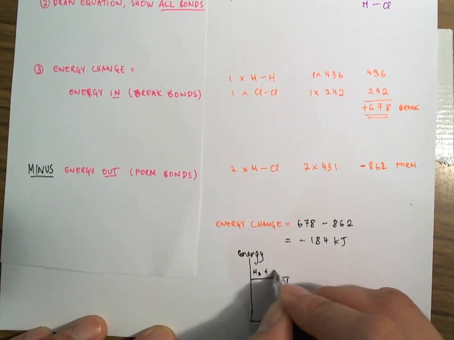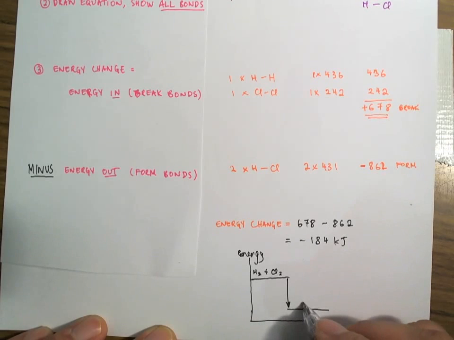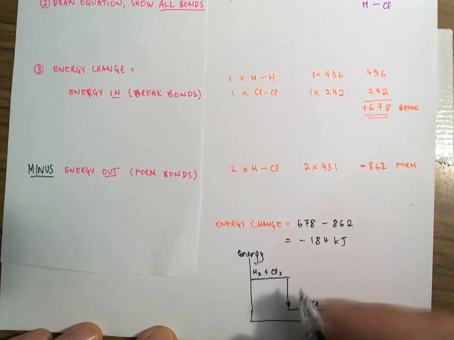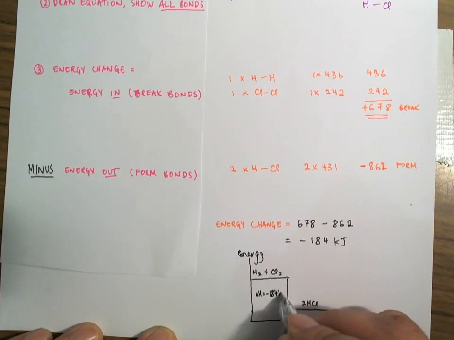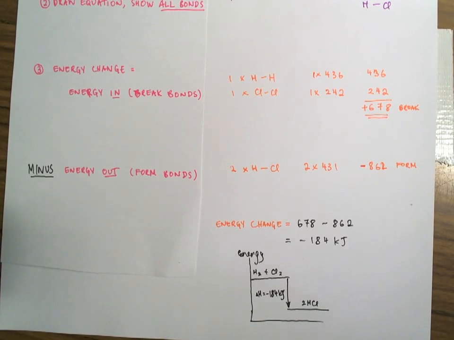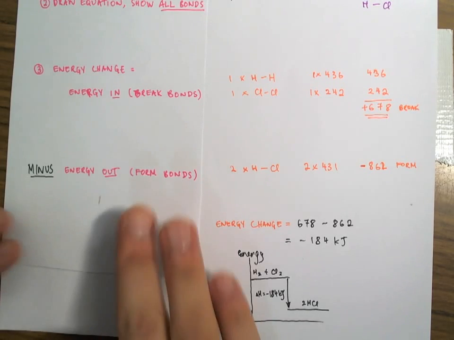And my reactants were hydrogen and chlorine, my products were HCl, and this energy here is minus 184 kilojoules.